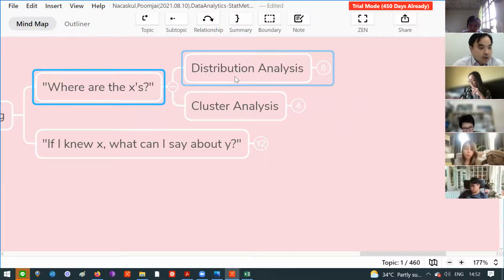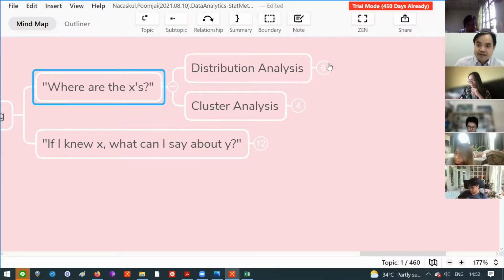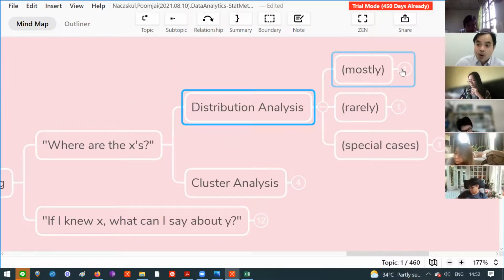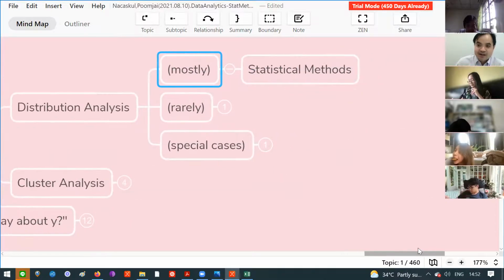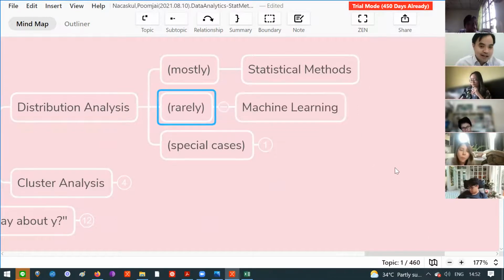What is a typical age profile of people who severely suffer from COVID as opposed to people who have no symptoms? This would be something like distribution analysis, and this is where you mostly use statistical methods. Rarely do you use machine learning.